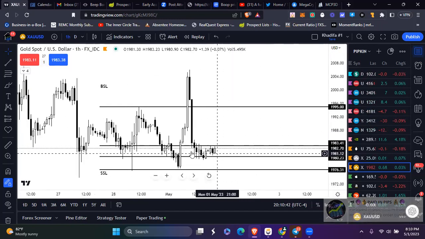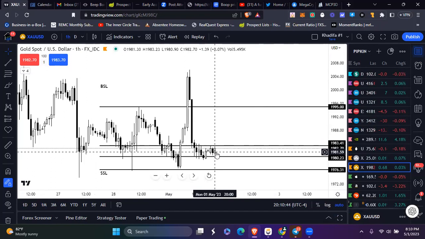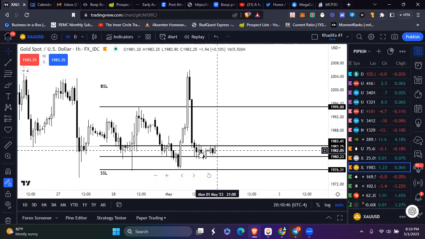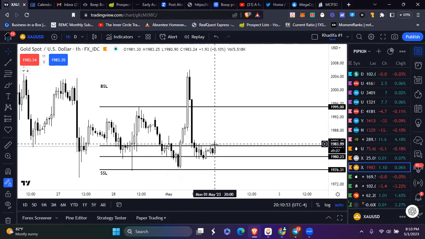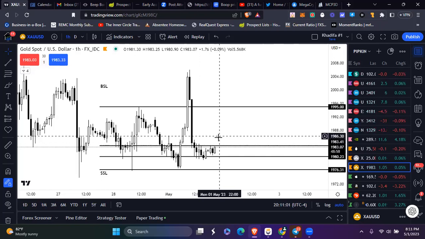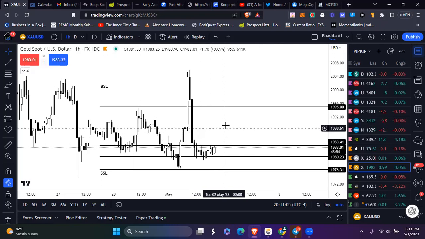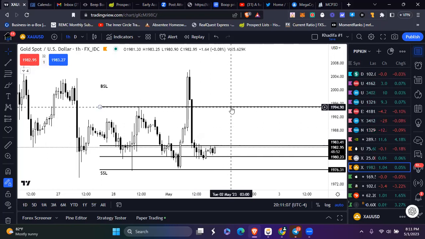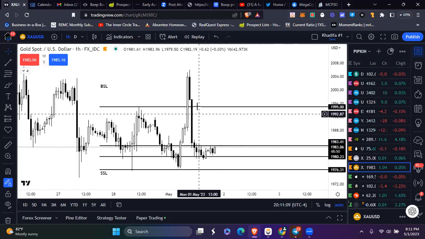So let's see if we respect this discount area, or if we break back below. If we push up above the 62 level aggressively, then come down and retest it and respect it, then I'll be looking for us to pull back up into this.